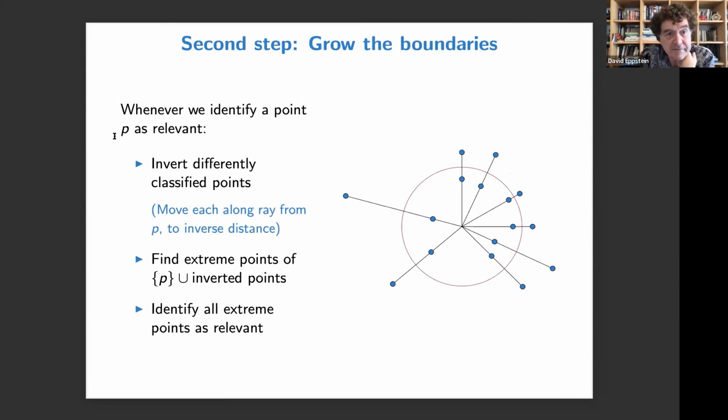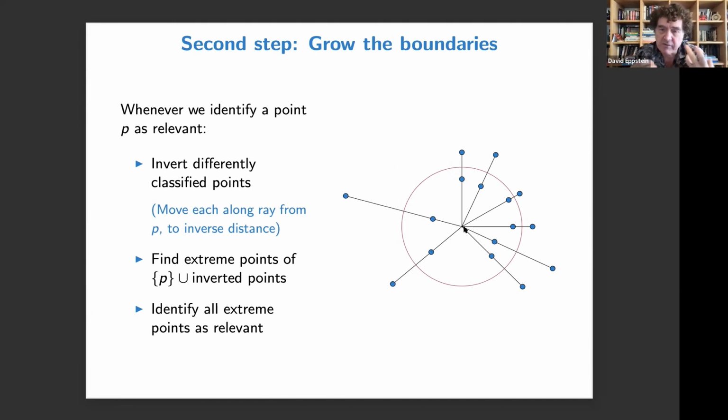So once I find a point P as being relevant, I'm going to look at the set of all of the points that are different in classification from P. Ignore the points that are the same classification as P, just take the ones that are different and invert them all through a circle centered at P, or a sphere.